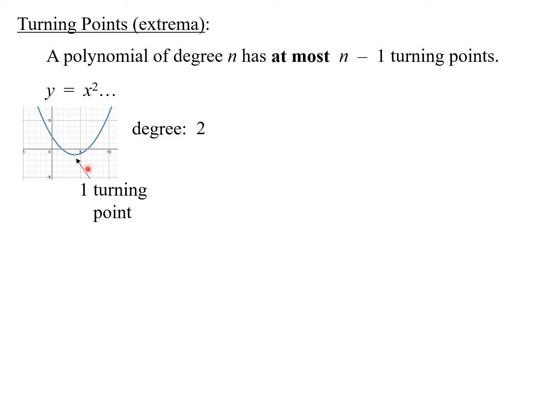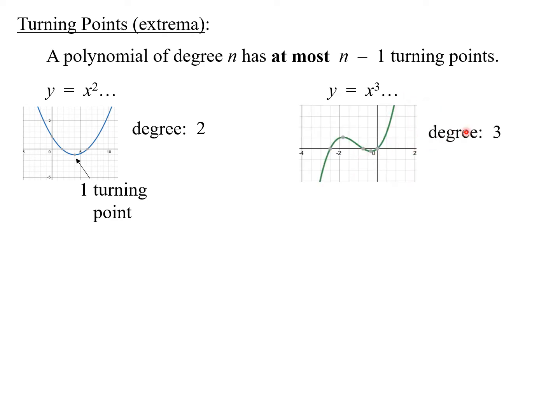A polynomial of degree 3, a cubic type function, looks like this. The degree is 3, and it has two turning points. Right there and right there. So a polynomial of degree 2 has one turning point. A polynomial of degree 3 has two turning points. So a polynomial of degree n has at most n minus 1 turning points. At most. It can have fewer, but at most it has n minus 1.